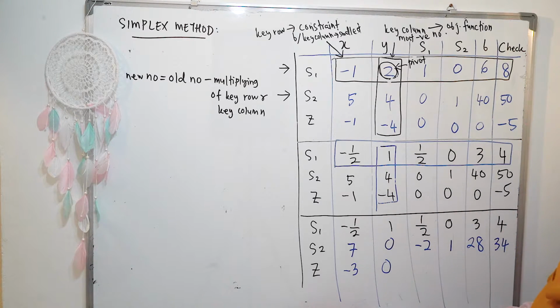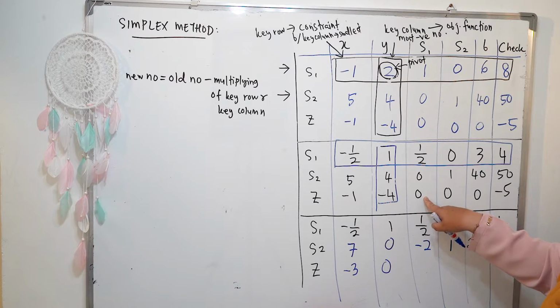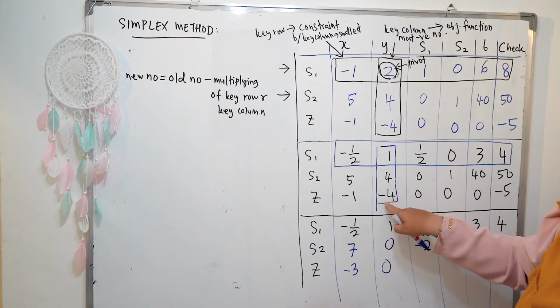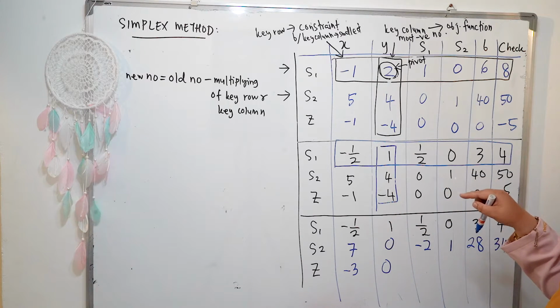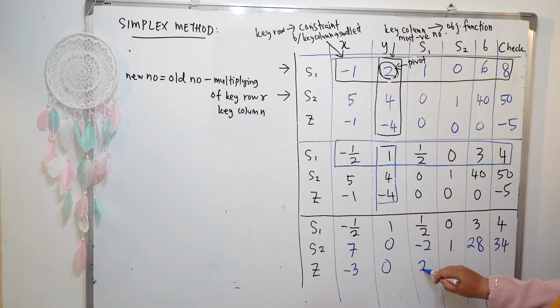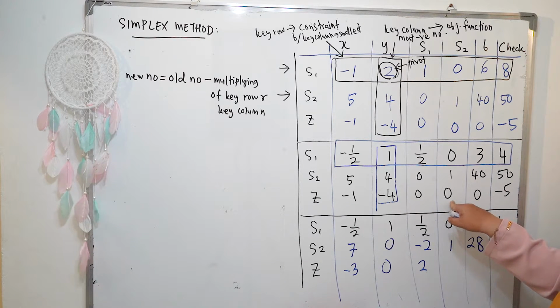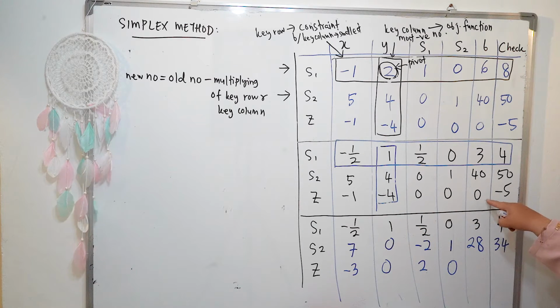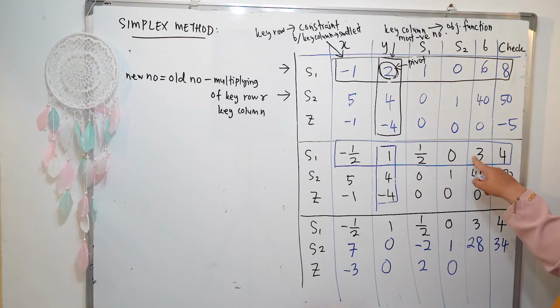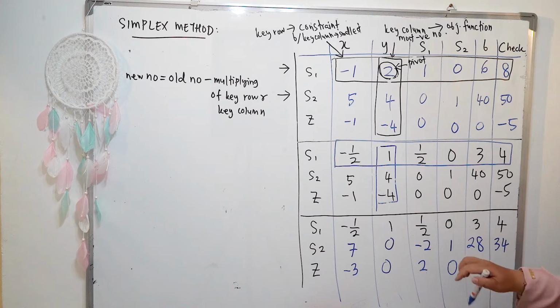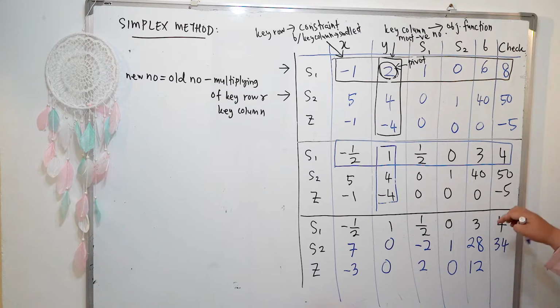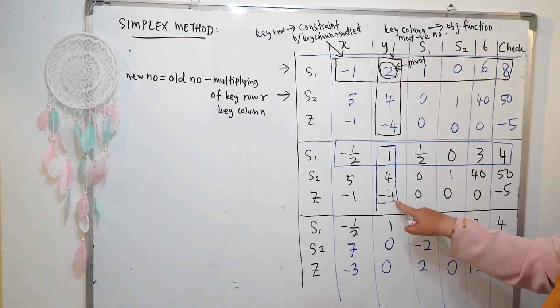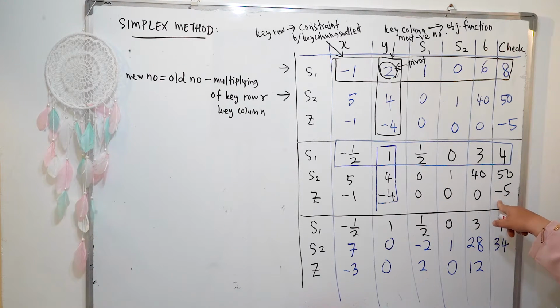So I got 0. Over here, 0 minus half times negative 4. So I got 2. Okay, over here, 0 minus 0 times negative 4. So I get 0. Over here, 0 minus 3 times negative 4. So I get here 12. Over here, negative 5 minus 4 times negative 4. So I get here, I think, 9.